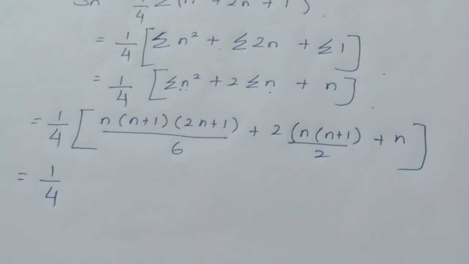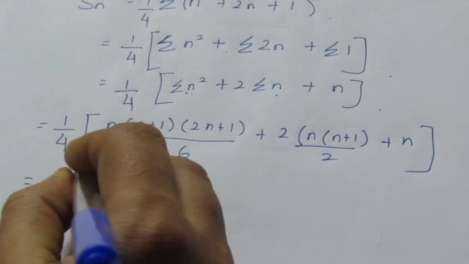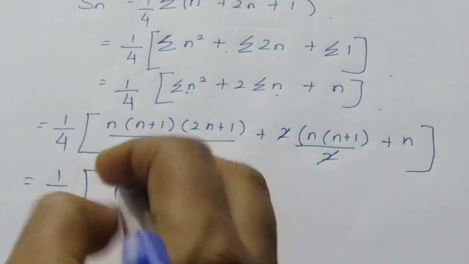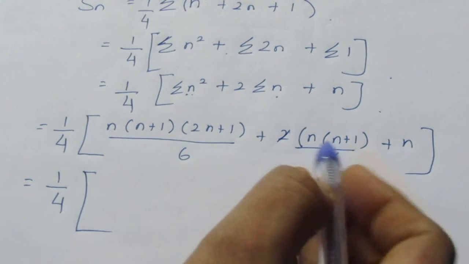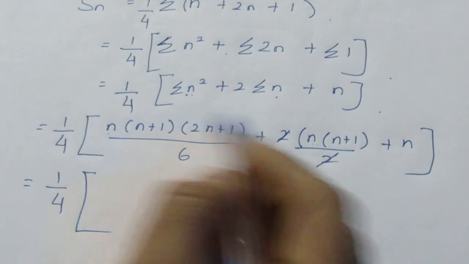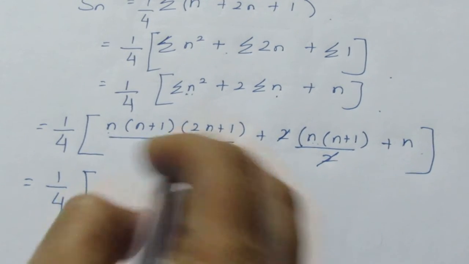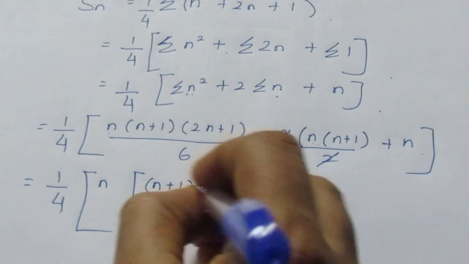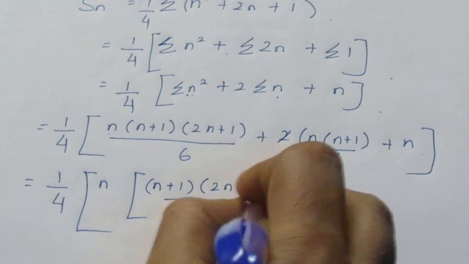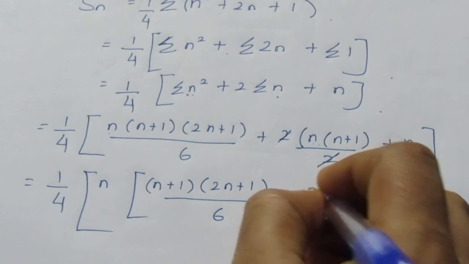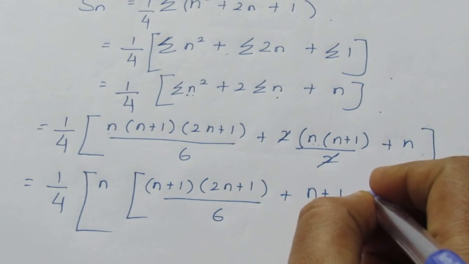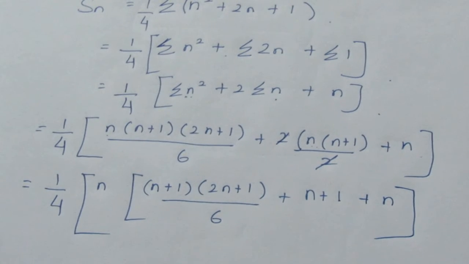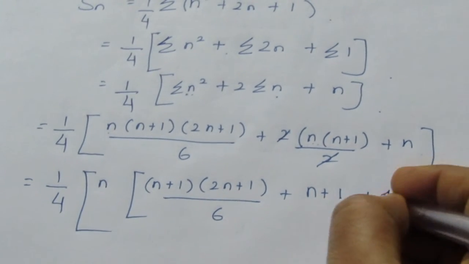Now taking LCM, this 2 gets cancelled. Before taking LCM you can take n common outside of all three terms. So n outside, it becomes n plus 1 into 2n plus 1 by 6, plus n plus 1, plus 1.